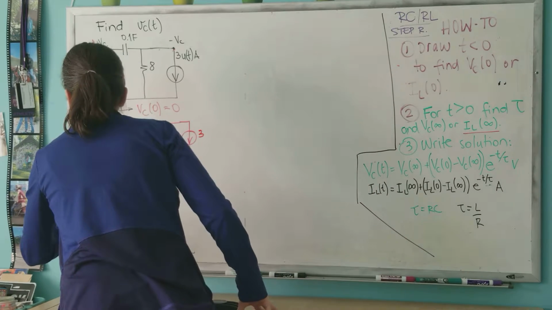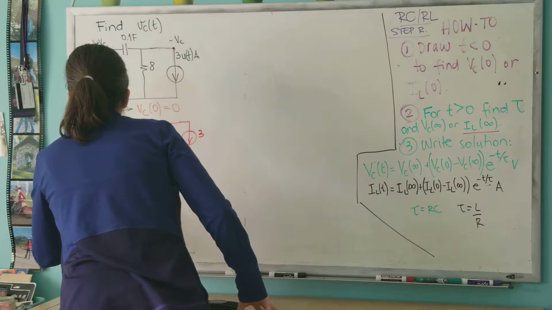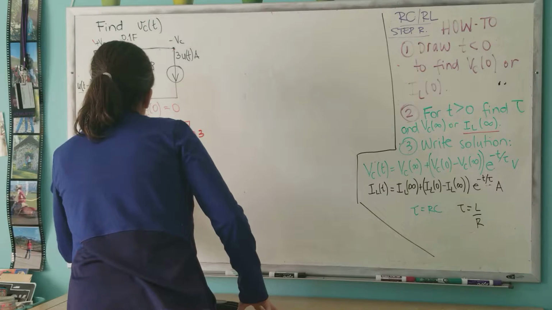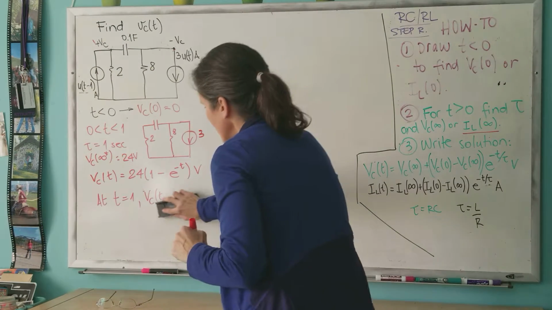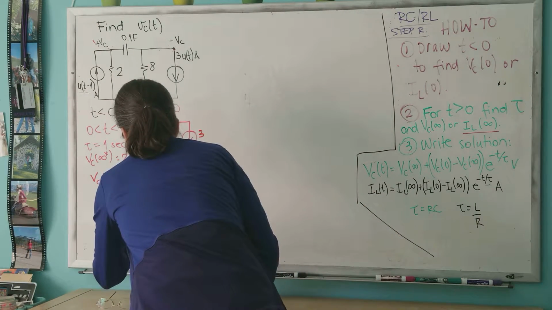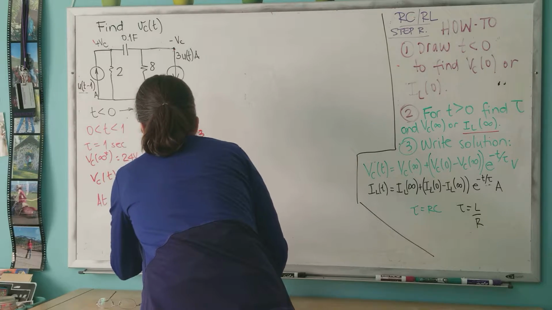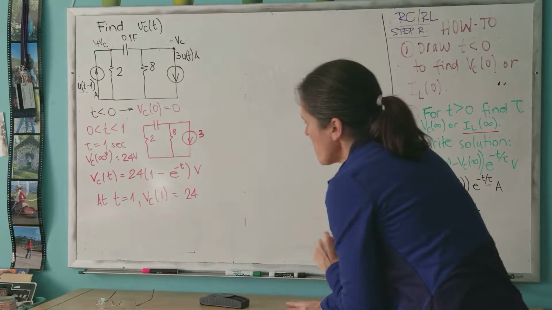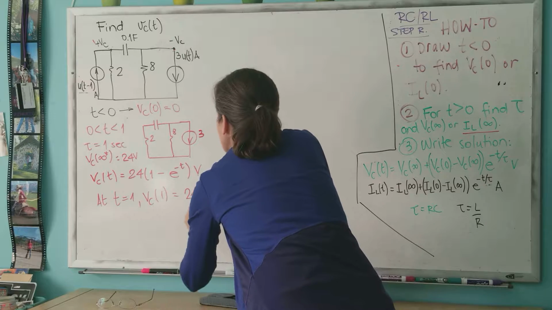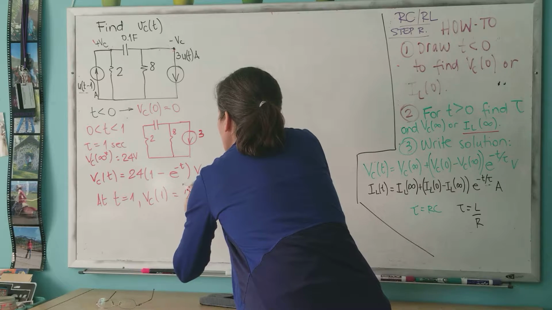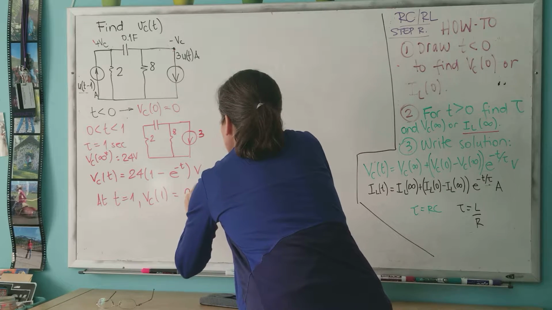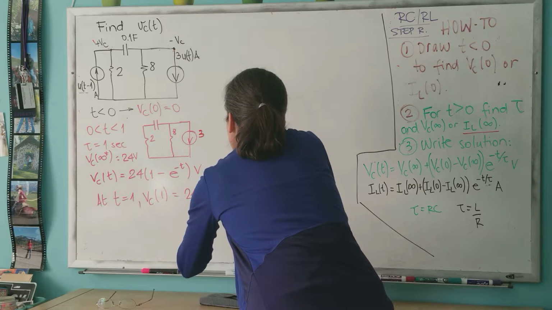So at t equals 1, Vc of 1 will be 24 times 1 minus 1 over e.